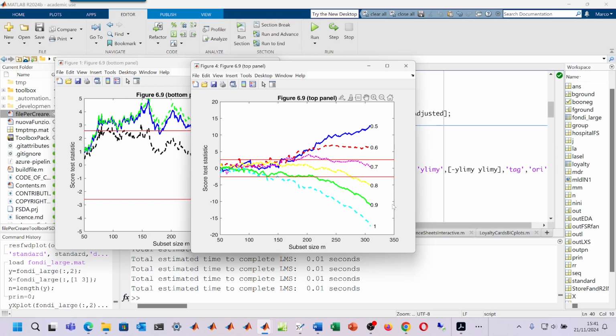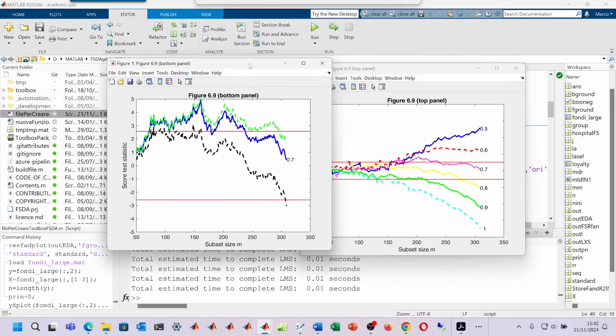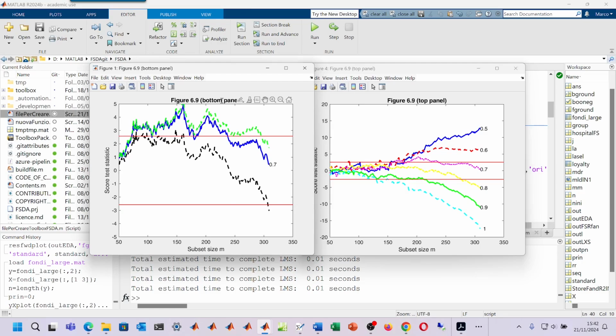Note that here we are talking about a unique value of lambda. But the question is, do the funds which have a positive performance need the same transformation parameter as the funds which had a negative performance? To answer this question, we compute the extended score test.